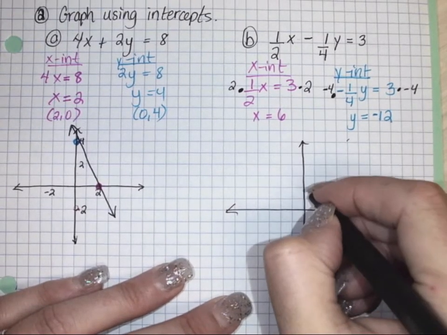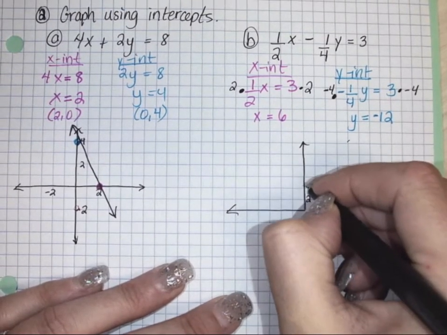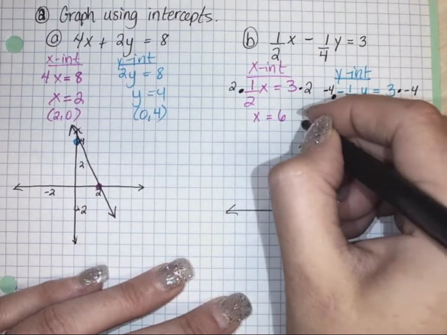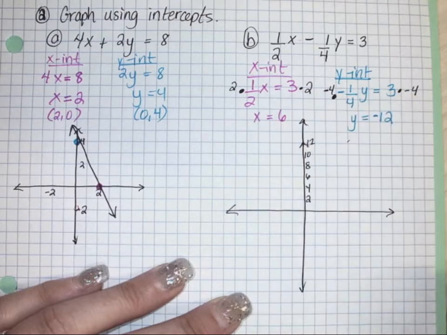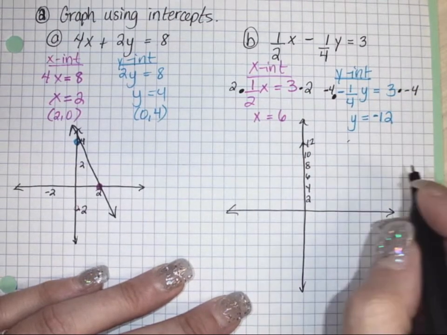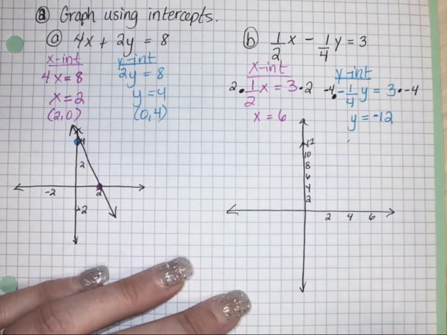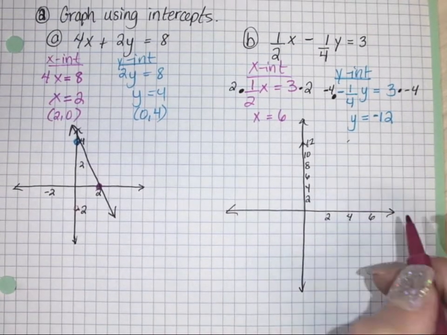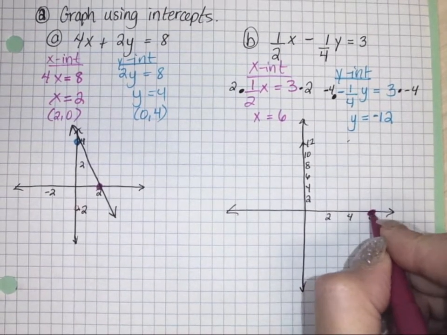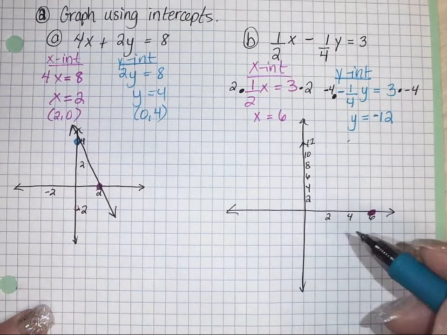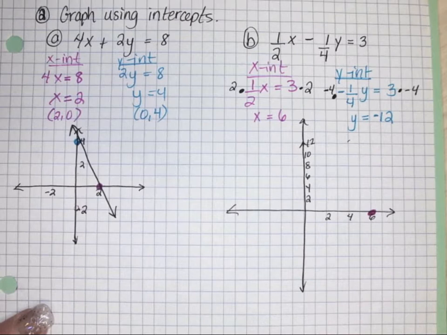I think that's what I'm going to do. So this will be 2. And I'll just go by 1s on the x. So your x-intercept was 6. Y-intercept is negative 12.